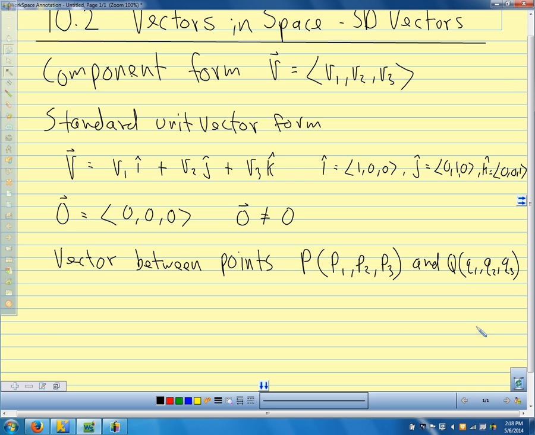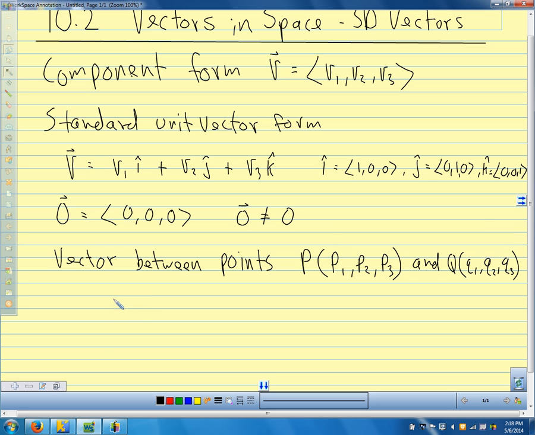You remember how we found the vector between points in the plane? Take the components of the final point and subtract the components of the initial point.